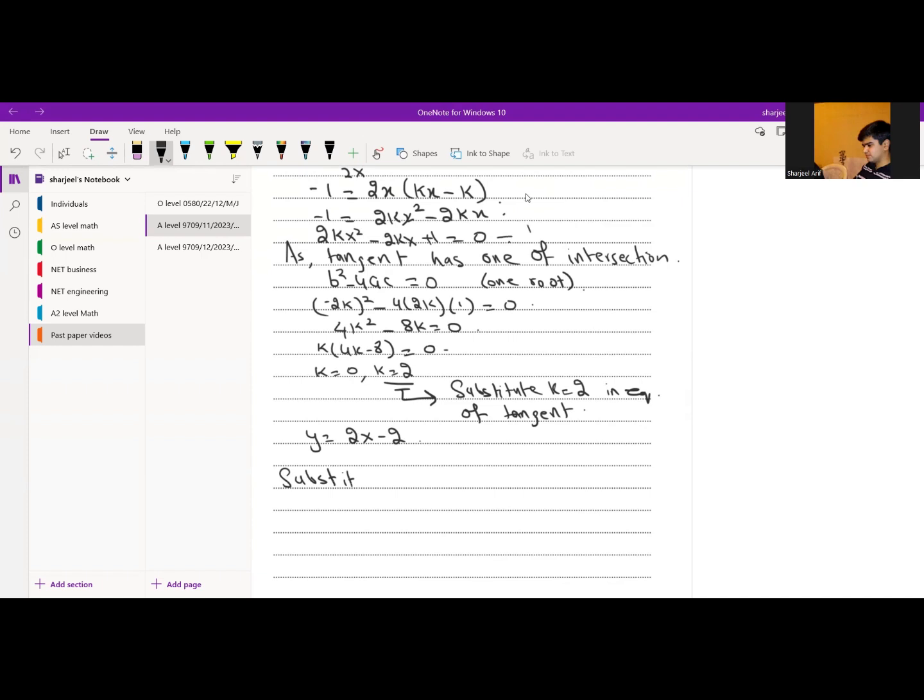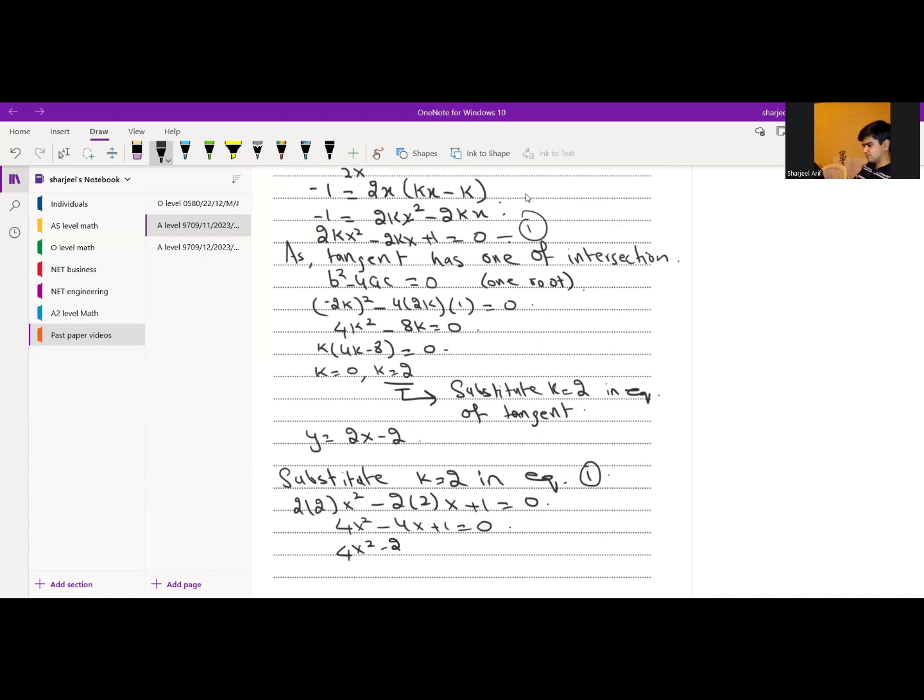For that, substitute k equals 2 in equation number 1. You will get 2 into 2 x square minus 2 into 2 x plus 1 equals 0. You will get 4x square minus 4x plus 1 equals 0.